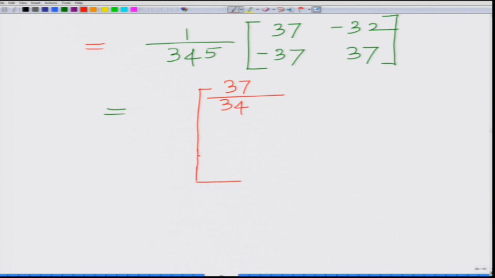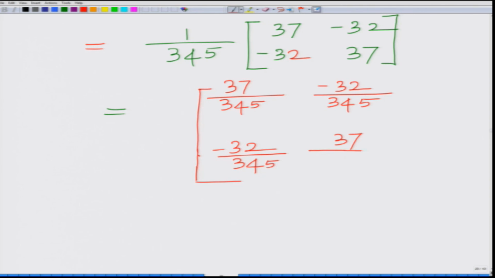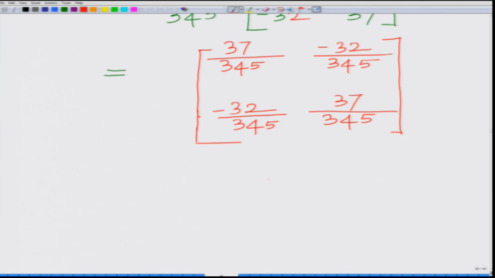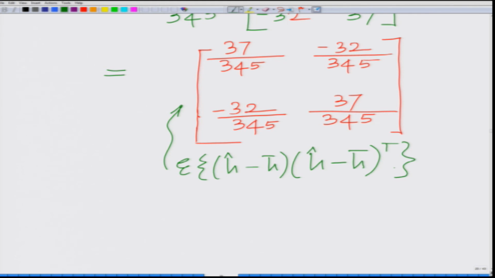Finally, bringing this thing inside, we can write this as 37 by 345, minus 32 by 345, minus 32 by 345, 37 by 345, and this is basically the expression for the error covariance matrix, expected value of H hat minus H bar into H hat minus H bar transpose.